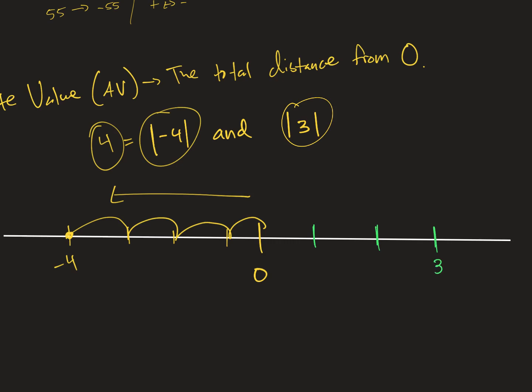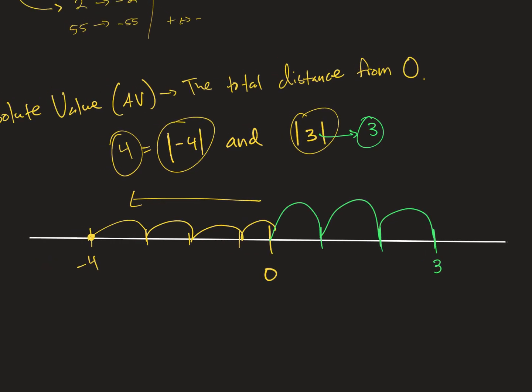And since it's already positive, the total distance from 0 to 3 is 3. I can double check this by going 1, 2, 3. So with absolute value, your answer will always, always, always be positive, because it is just telling you the distance from wherever it is to 0. So this would be a distance of 4, and this would be a distance of 3.